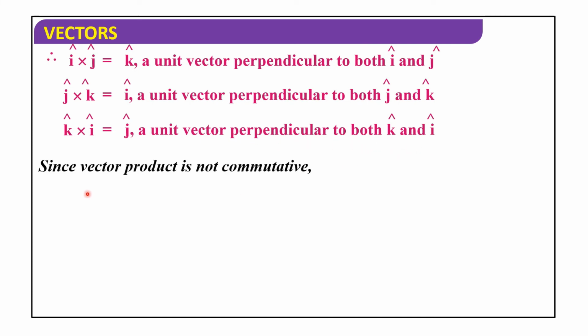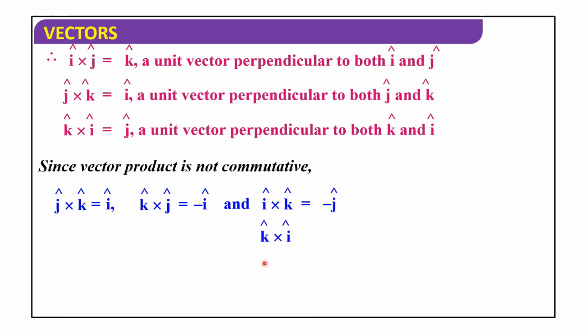Since the vector product is not commutative, J cap cross K cap is equal to I cap, K cap cross J cap is equal to minus I cap, and I cap cross K cap is equal to minus J cap. K cap cross I cap is equal to J cap.